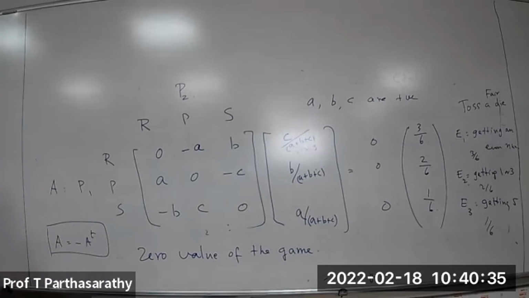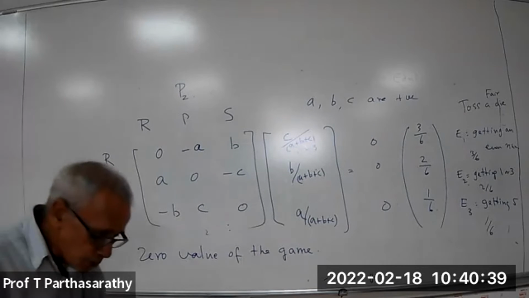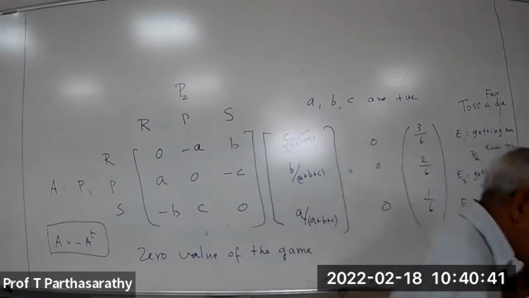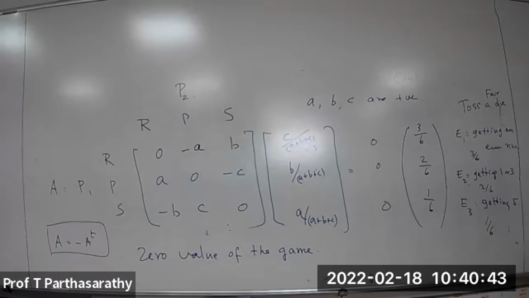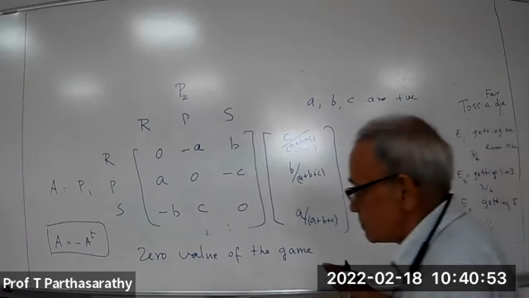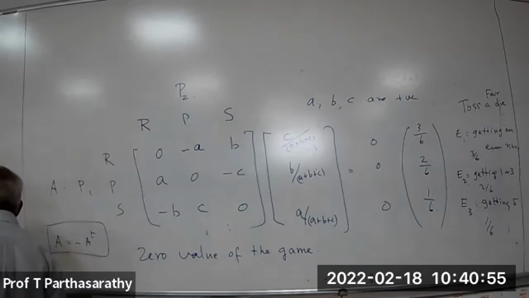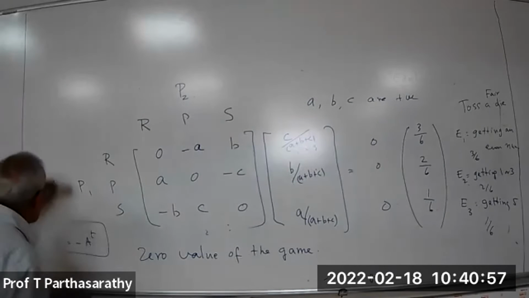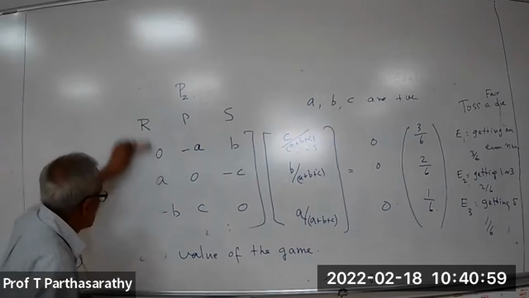But this is a well-known result due to David Gale. He shows that when you have a skew symmetric matrix, the value is always 0. And if something is optimal for one player, it is also optimal for the other. It's a very beautiful result due to Gale, which he wrote in his thesis, one part of his thesis. So let me mention that.